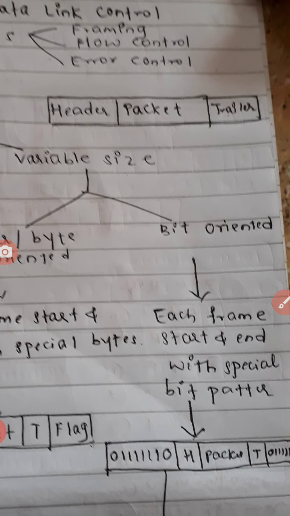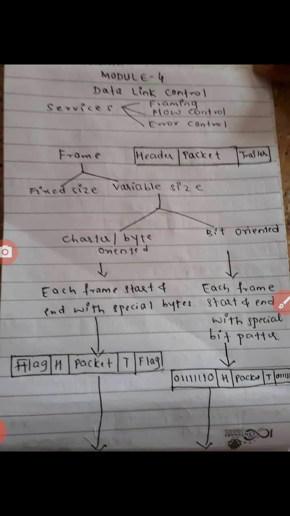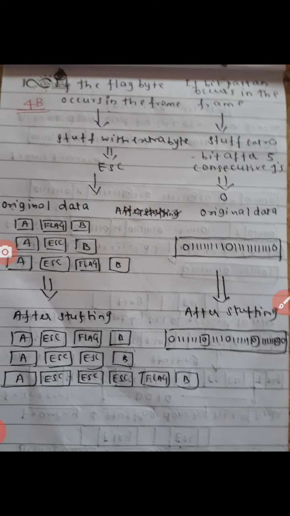In the same manner, the end of the frame is attached with a predefined bit pattern. This bit pattern is predefined and constant. But in both the character or byte oriented and bit oriented approaches, there are some issues. Now we'll see those issues.